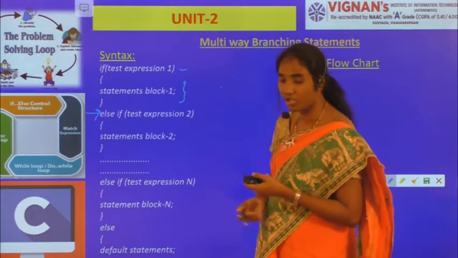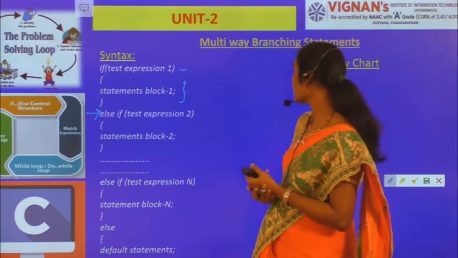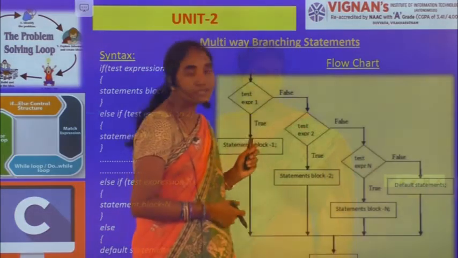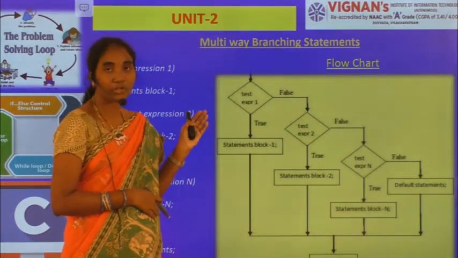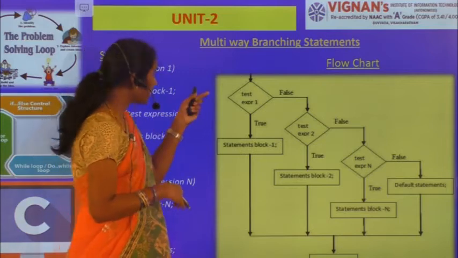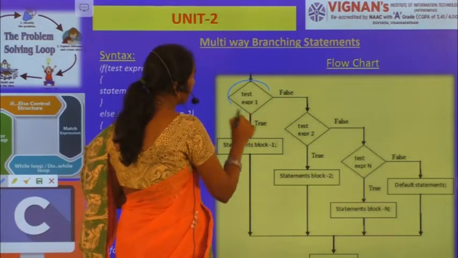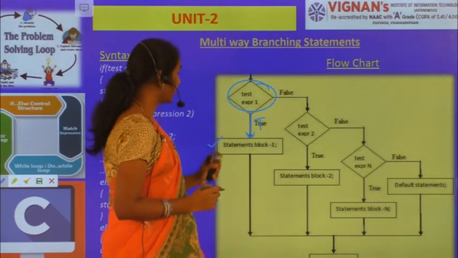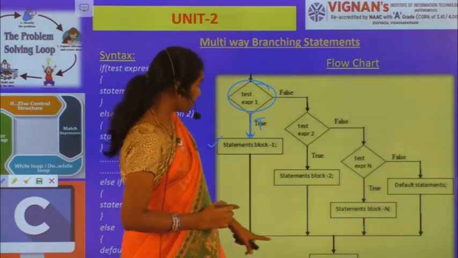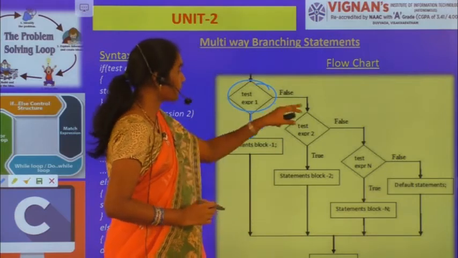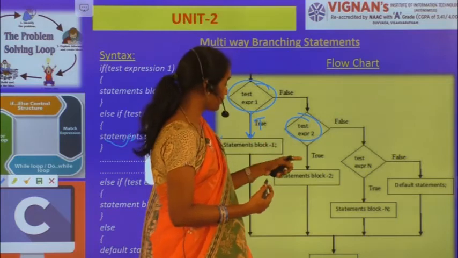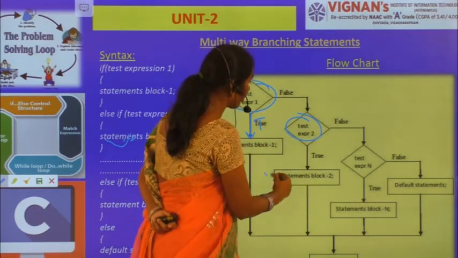Now our task is very simplified, right? Corresponding to the else if ladder, this is our flow chart. If test expression 1 evaluates to true, then statement block 1 will be executed, and again it will come to statement x. If it is false, I'm checking one more condition, and if this is true, then statement block 2 will be executed.